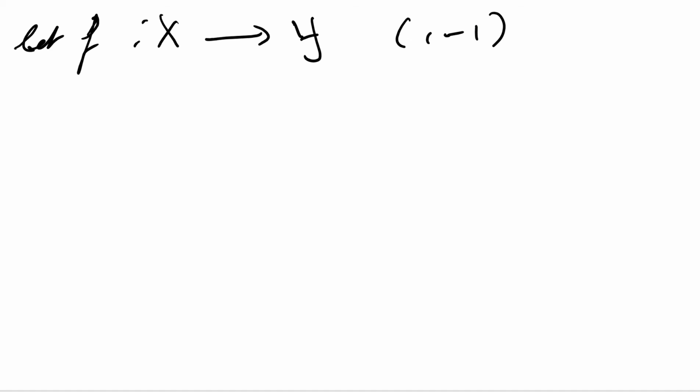Let f from X to Y, then we say f is one-to-one. Then we say that for all A1, A2 subset of X, I'm going to write it down here.